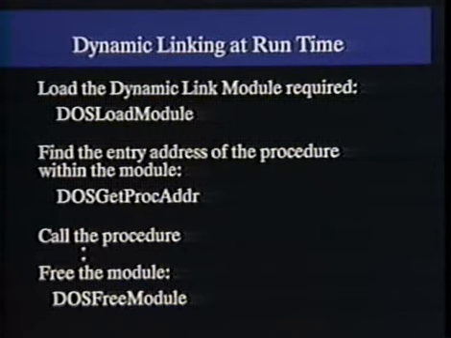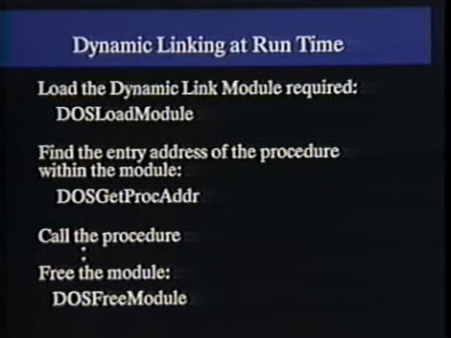So I have this mylib. I would say DOS load module mylib, right? And then within that, I can do a search for a particular utility, and it returns me the address. So I get that by a call to DOS get proc address. And once I have the address of the procedure, then I can call the procedure.